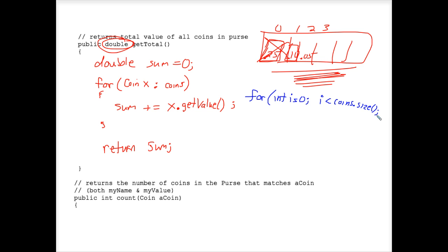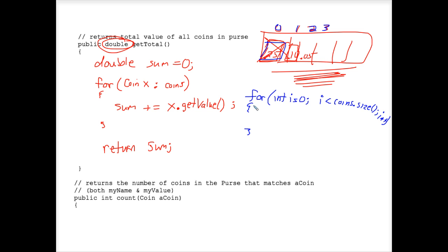And then of course semicolon i++. If you're more comfortable with this kind of a for loop, that's fine. You'll get full credit on the AP exam as long as you write the correct code inside the for loop here. I know it's sloppy, but it says for int i equals 0, semicolon i less than coins.size, empty parentheses, semicolon i++.